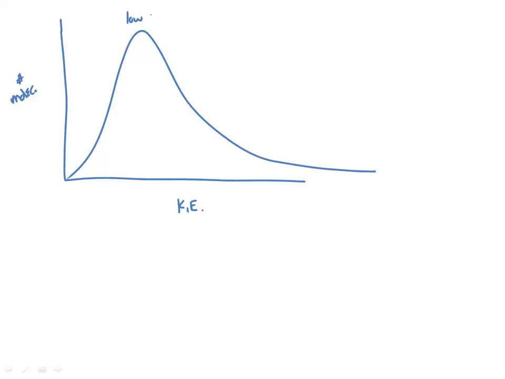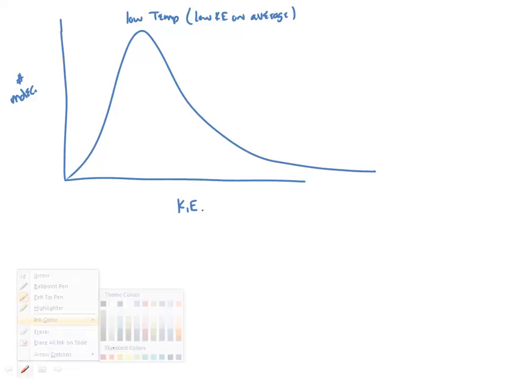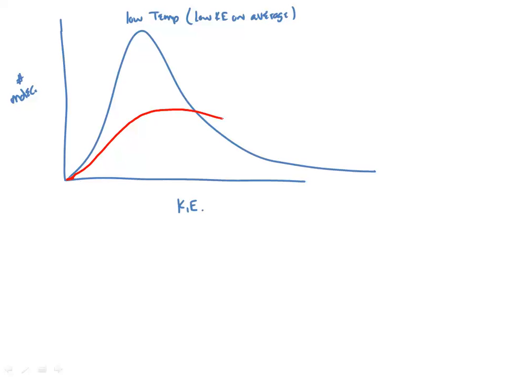So that's low temperatures, meaning low kinetic energy on average. If I look at the high temperatures, that decreases the amount I have at low kinetic energies, but increases the overall amount I have at higher kinetic energies. And so this would be high temperature, meaning I have a higher average kinetic energy.